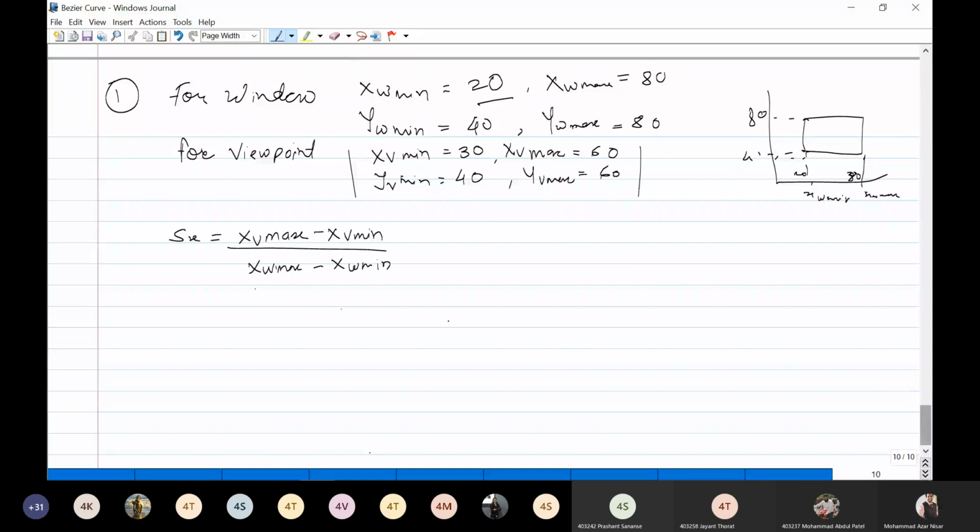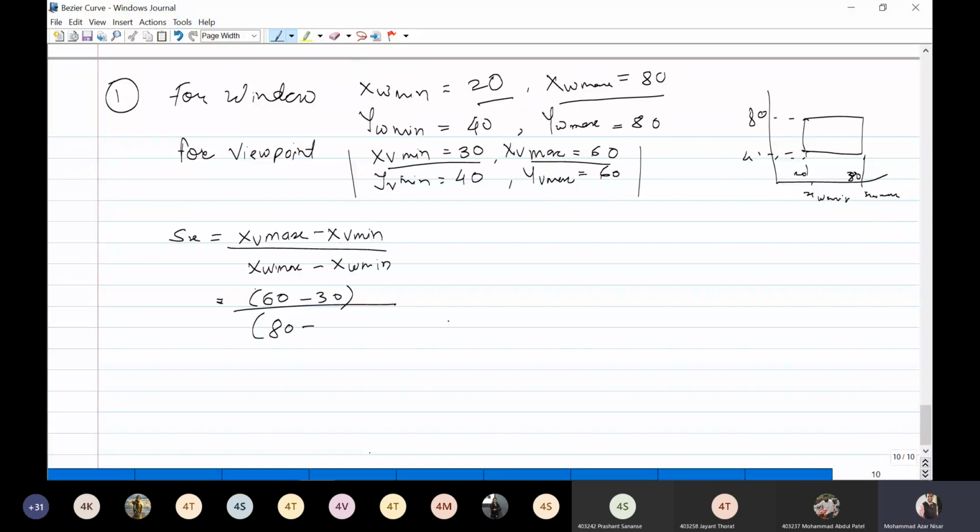So you can put in the values. Here xv max given is 60. So 60 minus xv minimum, which is 30, divided by xw maximum, which is 80.